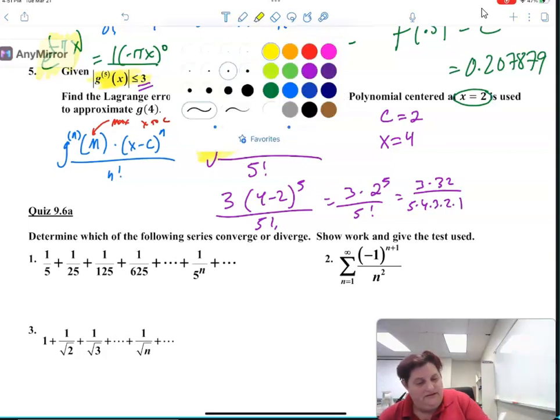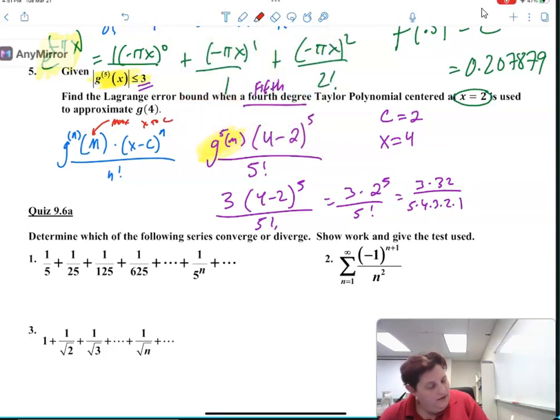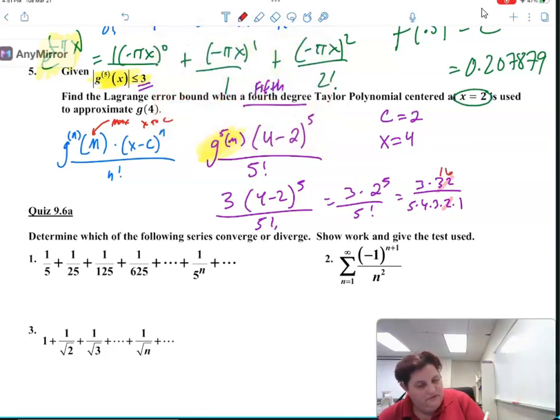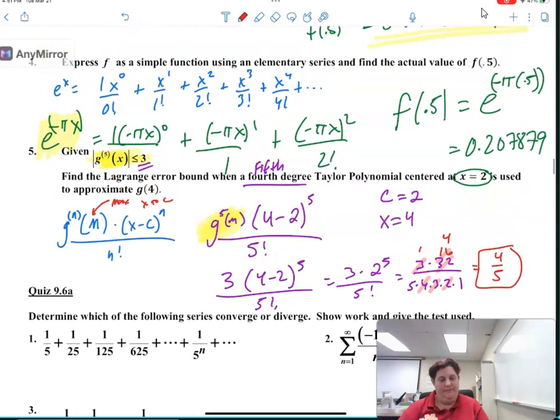I can cross out: 2 goes into 32 16 times, 4 goes into 16 4 times, 3 goes into 3 1 time. And so it's just 4 over 5. That's my error bound.